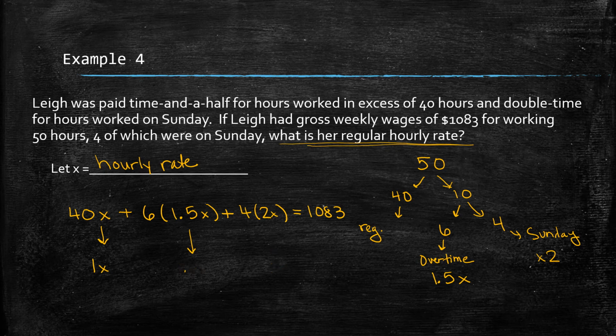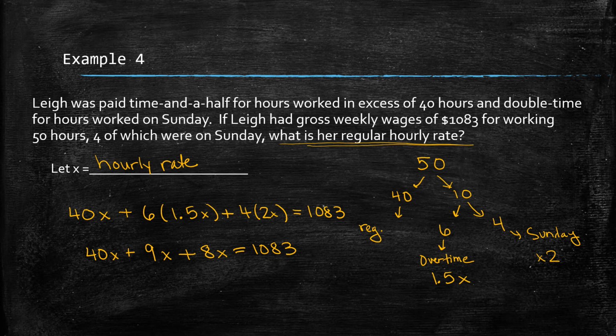What we want to do next is simplify our equation on the left-hand side, and then add like terms. So we have 40x plus 6 times 1.5, which is 9, so I have 9x in the middle, and then plus 8x. And this is equal to 1083.